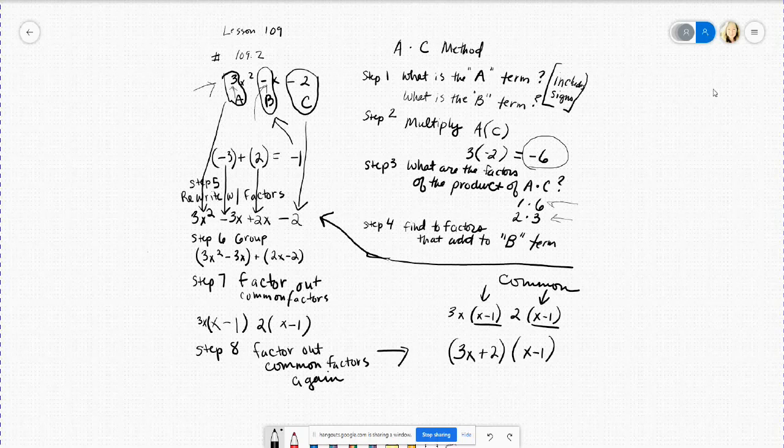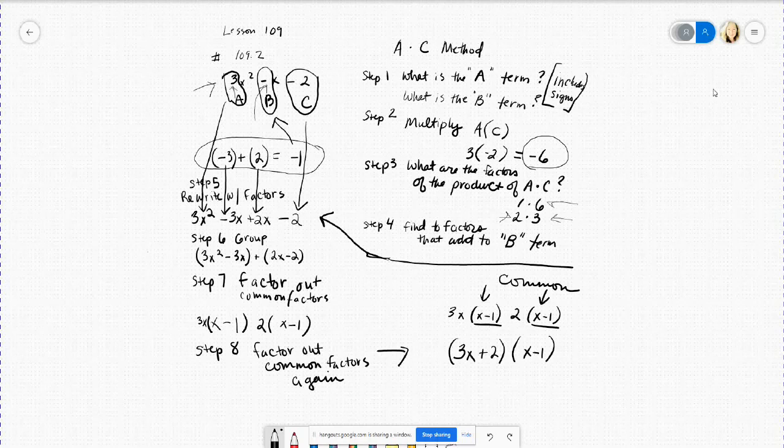So if we add a -3 and a +2 together, that would give us a -1, which you can see right here. I've gone ahead and done that for us. Okay, so therefore this is the one that we're going to use, this 2 and this 3.